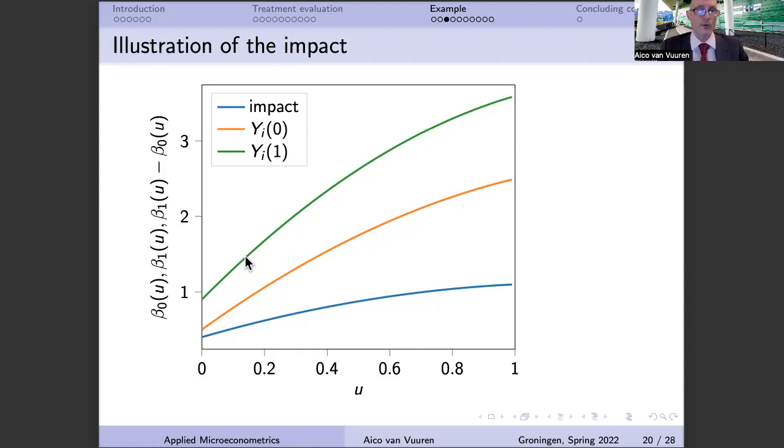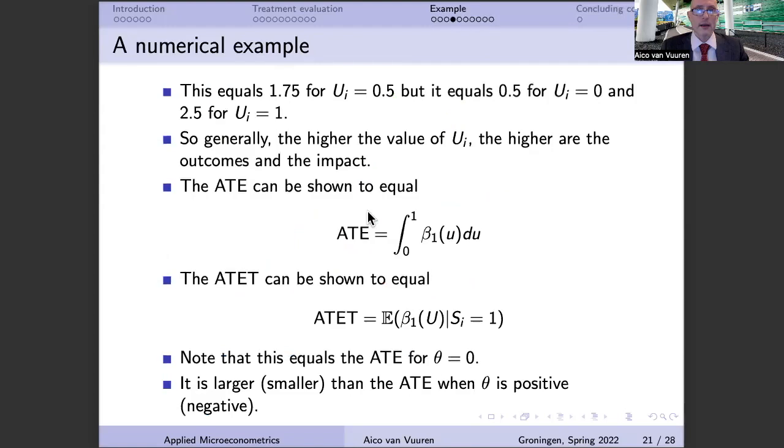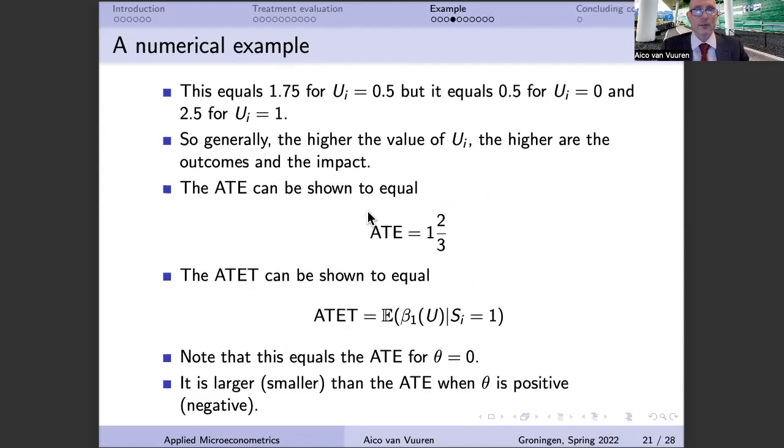That's of course not correct, and therefore we overestimate in this case, because we should have deducted this relatively high value over here, but we deducted only this small value over here. So that's the reason why ordinary least squares overestimates the average treatment effect among the treated.